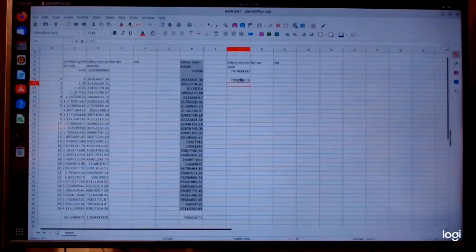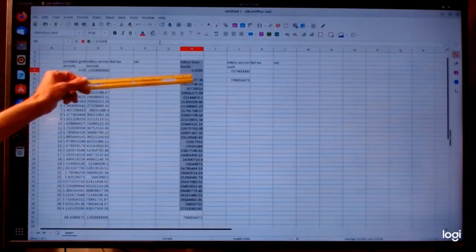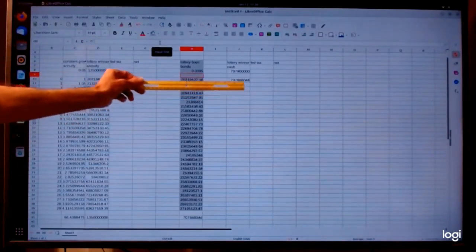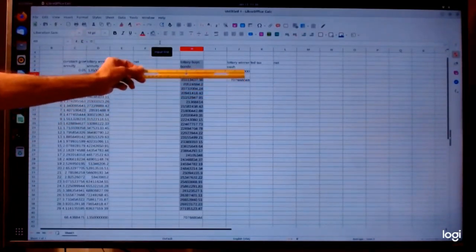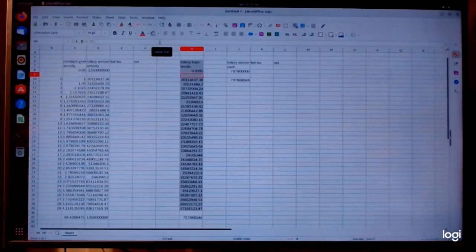And so we're a little bit low, and bonds and yields move in opposite directions. So if we were to make that a 5, see that right there, and now we're much closer to the jackpot.